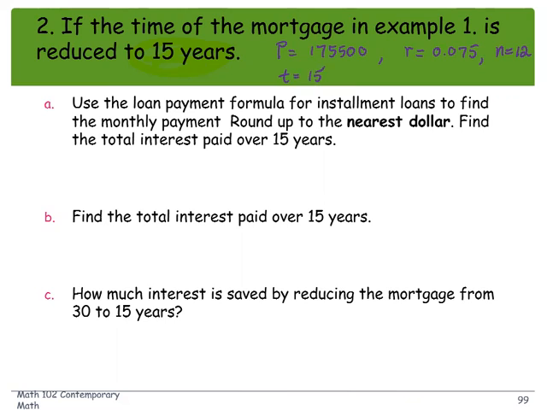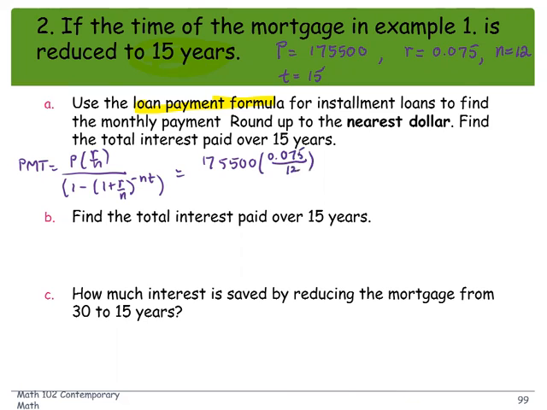Now we're gonna use the same loan payment formula as before: PMT equals P multiplied by R over N, all divided by the quantity 1 minus the quantity 1 plus R over N raised to the power negative NT, where P is 175,500 multiplied by R, which is 0.075, divided by N, which is 12, all divided by open parentheses 1, sorry, it's subtraction.